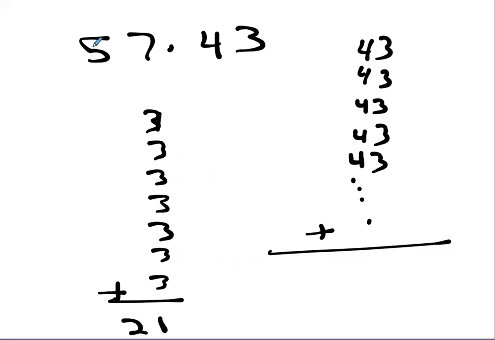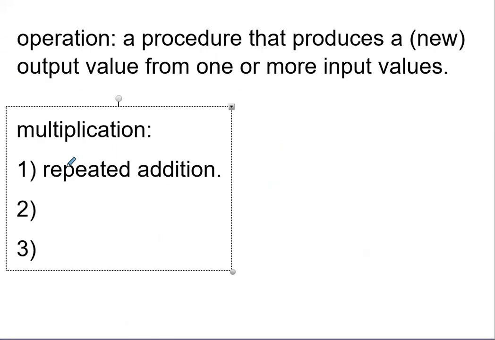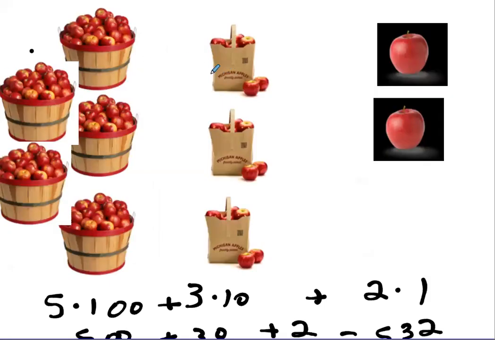But I'm certainly not going to ask you to memorize what 57 threes is, let alone 57 43s. Right? That's why we have our computation system for doing this. This will be explained in a future video. For now, we're just talking about what multiplication is. So multiplication is repeated addition in this context, in this sense of having discrete countable items.